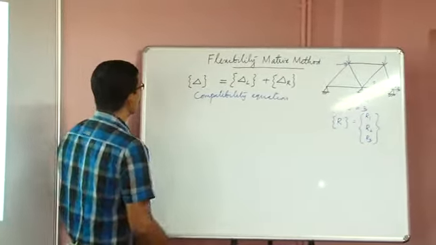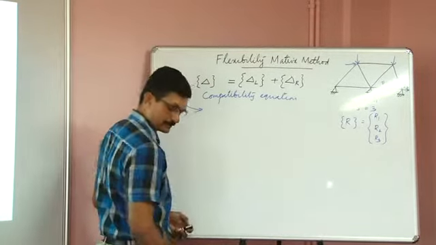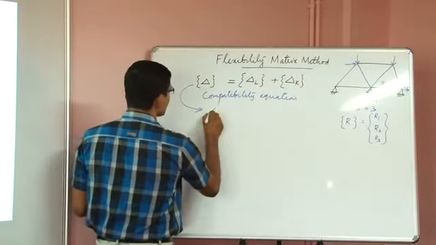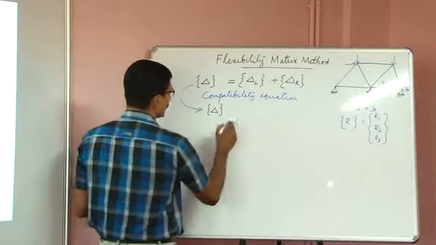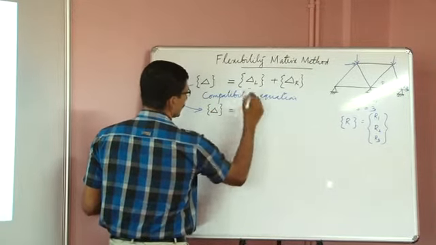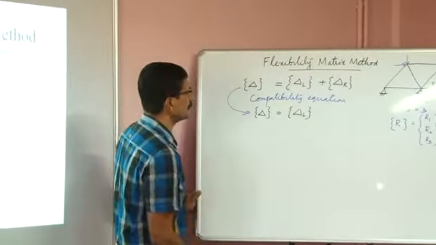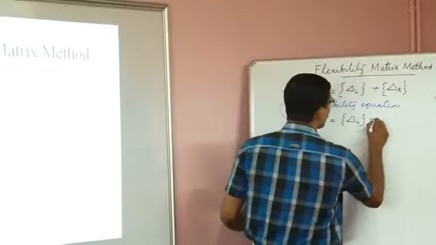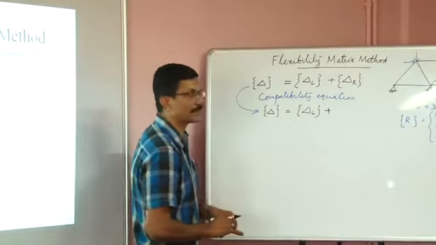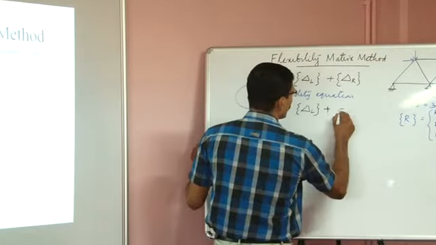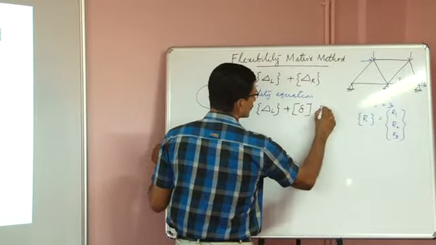Now, if we further manipulate this equation, the total deflection corresponding to the unknown forces chosen is equal to the deflection corresponding to unknown forces in a released structure plus the last vector, which will be written as a product of a matrix, say delta matrix, and the unknown or redundant forces.